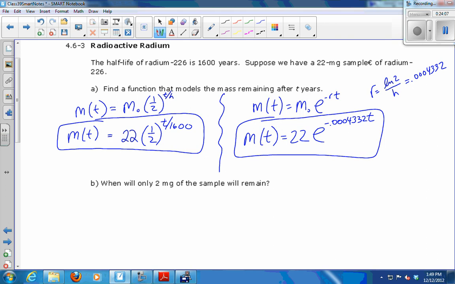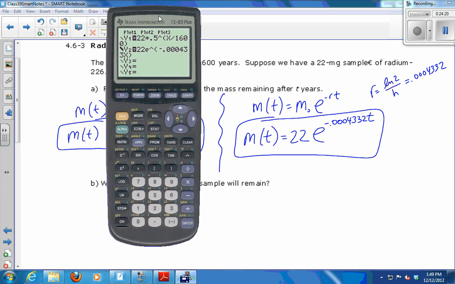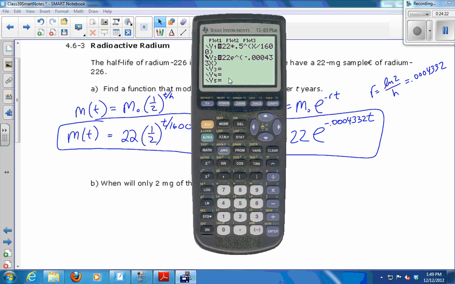And just to show you that they really are equivalent, that they are exactly the same, I'm going to graph them both. If we go to y equals, put the 1/2 version in y1 and the e version in y2. I made it so that the second graph would graph with a bold line so that we can tell which one's which.